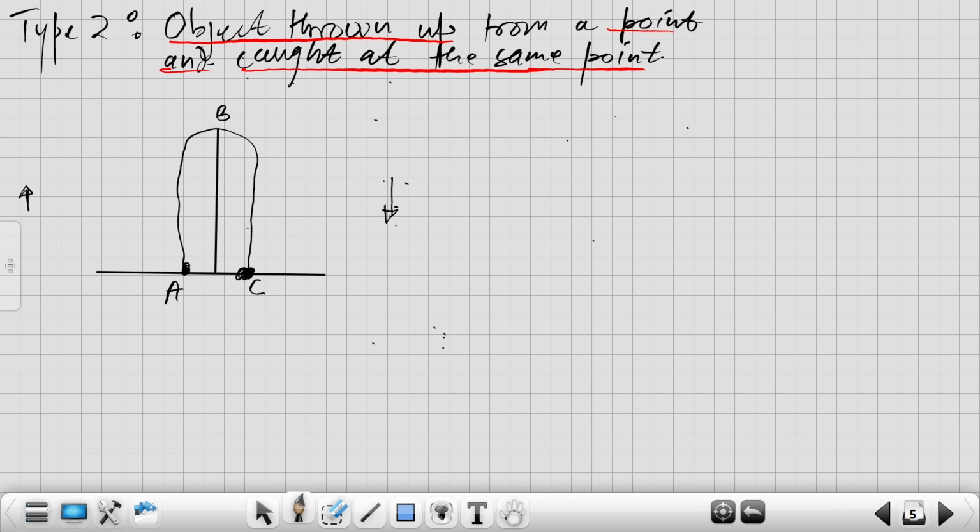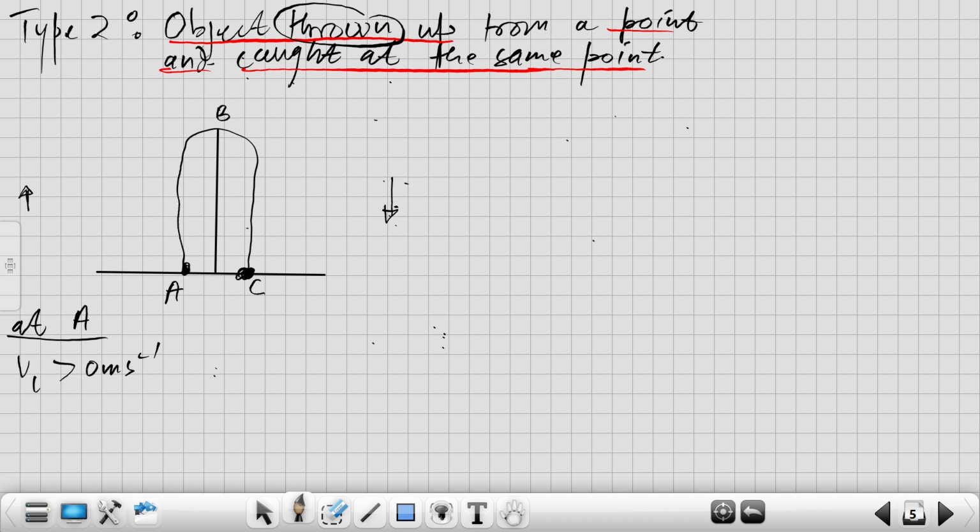But what can I say about all this? I need to explain now. Obviously, if an object is thrown, its V initial cannot be 0. So I'm going to say at A, what is it that is happening? I know at A, V initial is somehow greater than 0 meters per second. Definitely. How do I know?